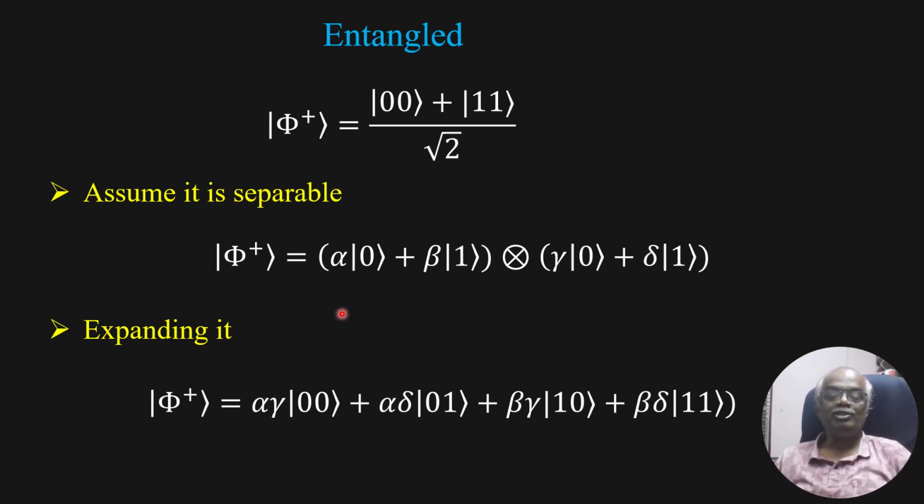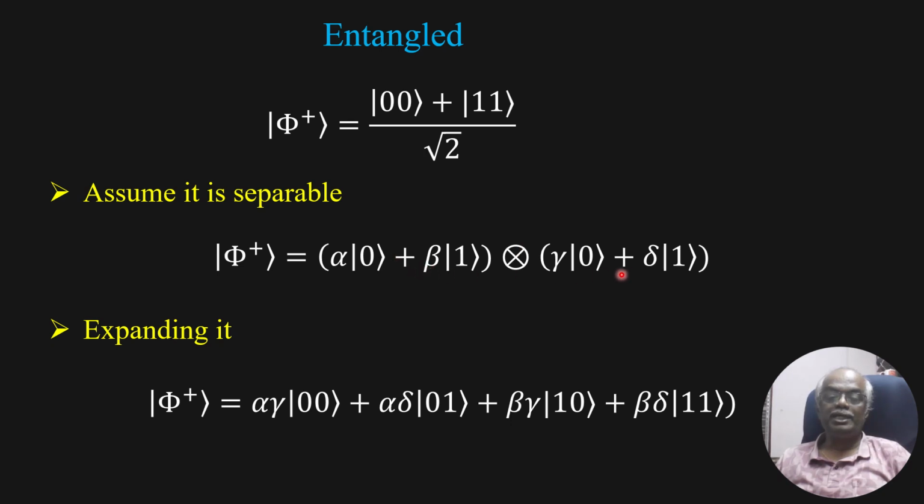Now what will happen? You multiply this and this: alpha gamma |00⟩. Then alpha delta is |01⟩, here it is 0, here it is 1. Then similarly, beta gamma is |10⟩.